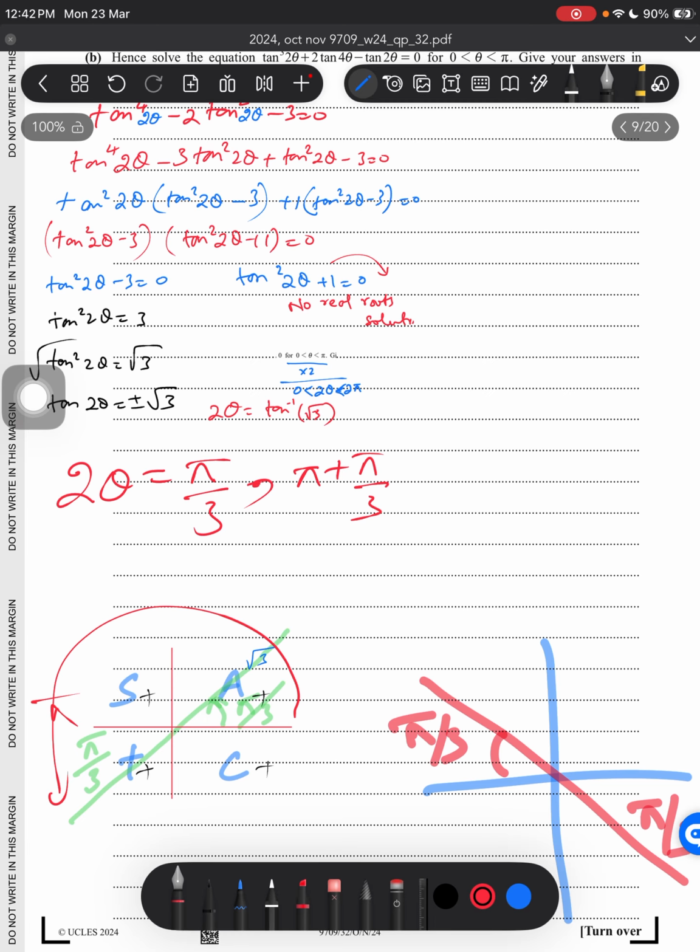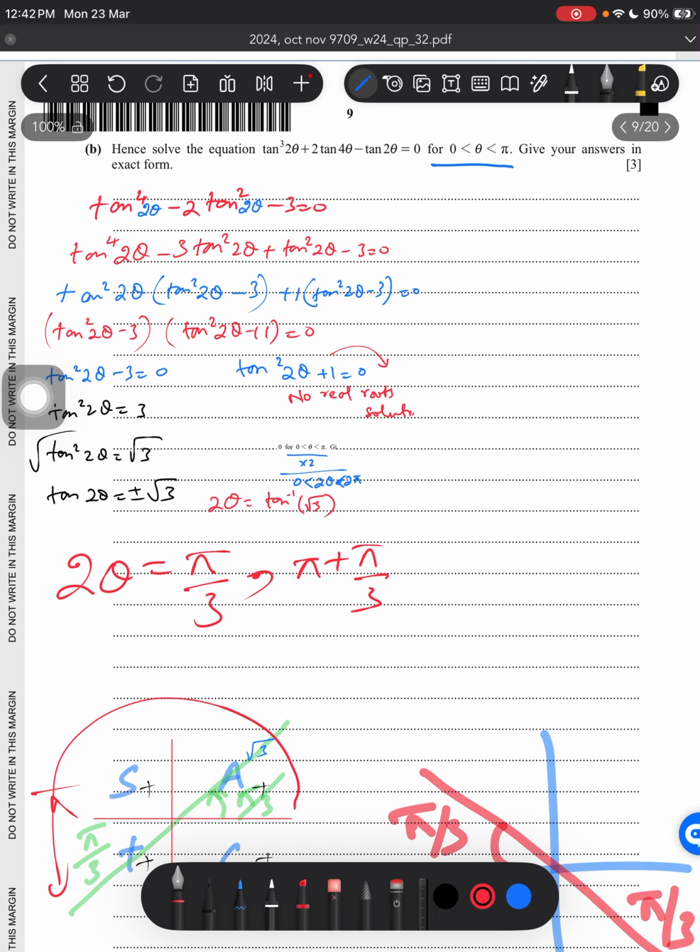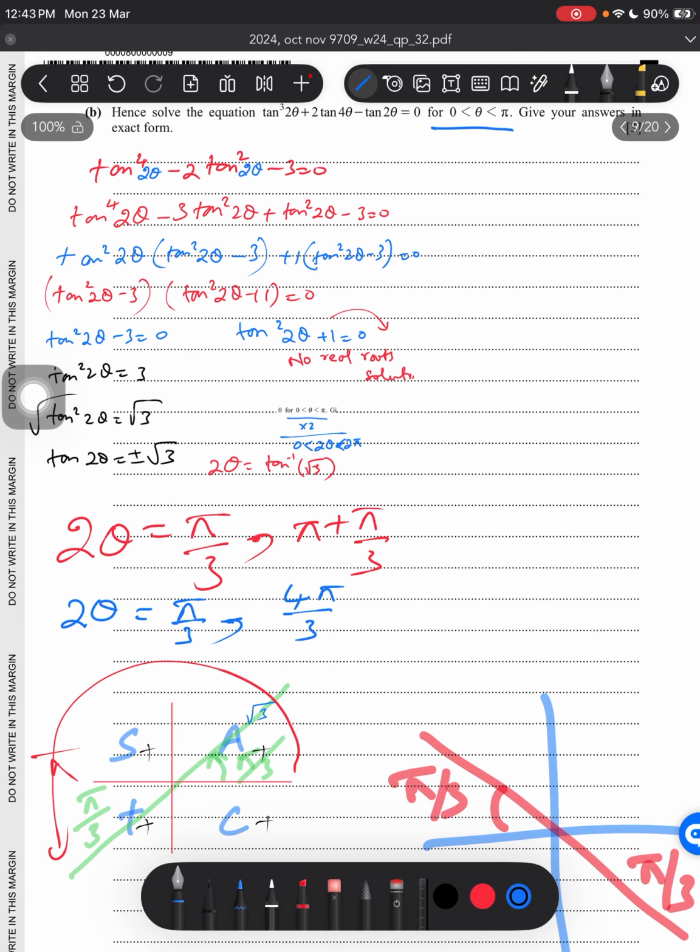So the other value would be 4 pi by 3, equals 2 theta. But we need the value for theta, so obviously it would be divided by 2. So theta over here would be pi by 6 and 4 pi by 6.